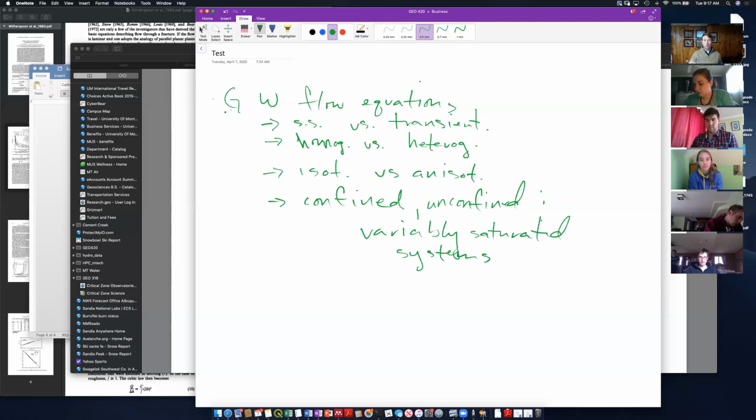All right, so one of the things that we talked about is how do we use these groundwater flow equations? A big thing that I want you guys to at least know the basics of is: what are the ingredients to solve the boundary value problem?